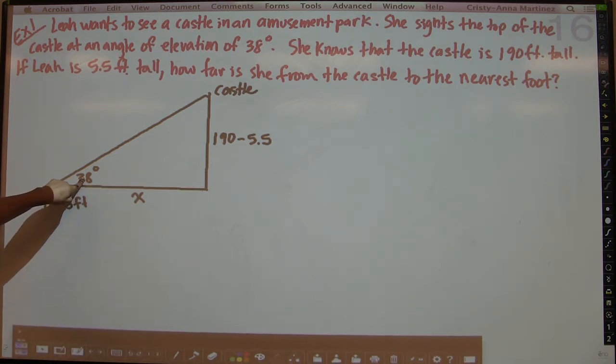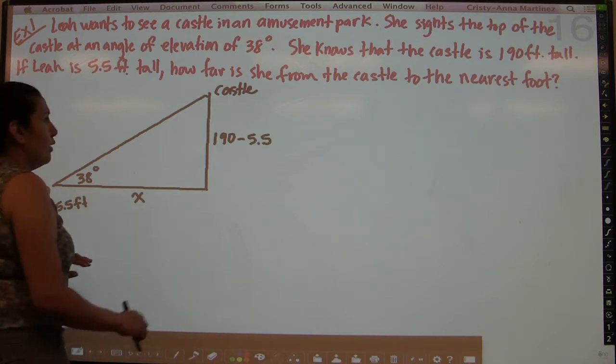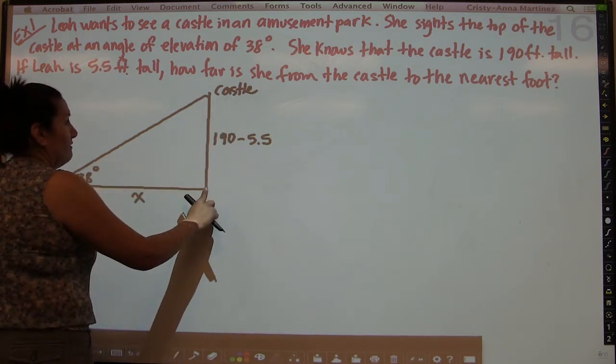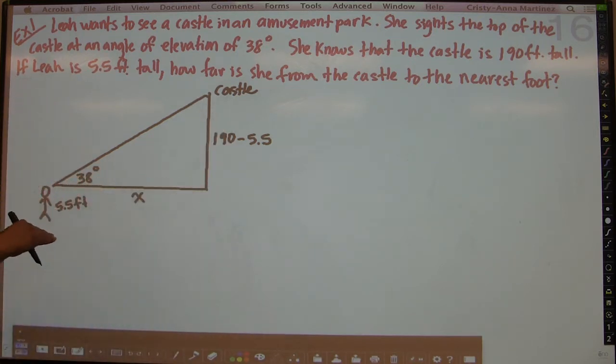She knows that the castle is 190 feet tall. If Leah is 5.5 feet tall, how far is she from the castle to the nearest foot? So basically what's happening there is we know that the castle is 190 feet. They're both standing on the same surface, the ground, but Leah is 5.5 feet.